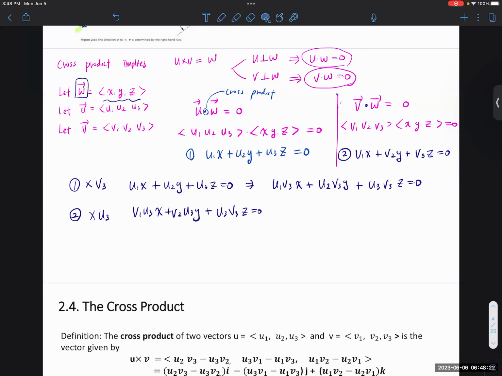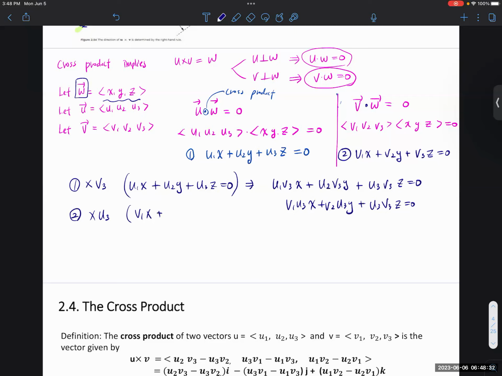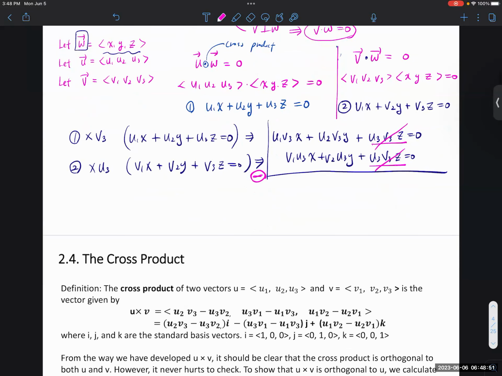So if I do this work, the second equation, I multiply U3, so now you have this new equation. So what happened? We can remove the third term. They're the same, so when you subtract them, they're going to be gone. So what is the remaining stuff?